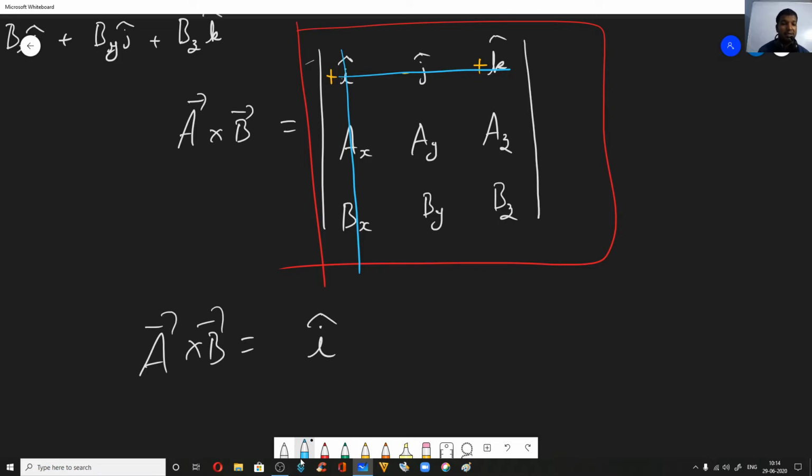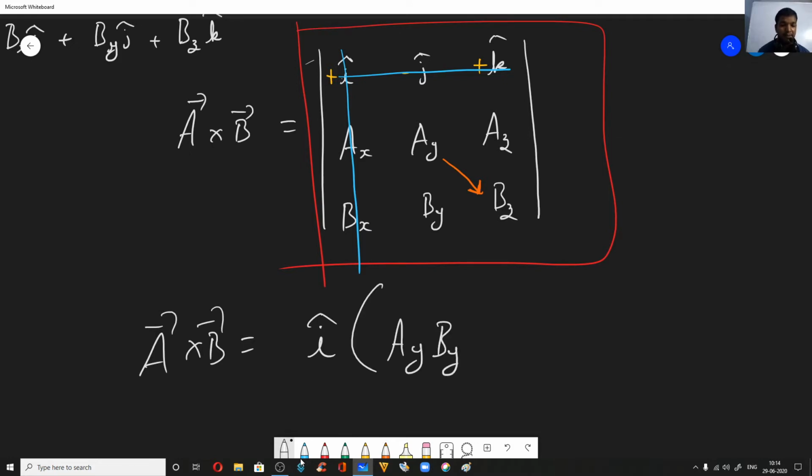Next, see what you're left with: Ay, Az, By and Bz. Here we'll do something like cross multiplication. We'll multiply Ay with Bz, and considering the signs you have to multiply. So Ay Bz I have written.